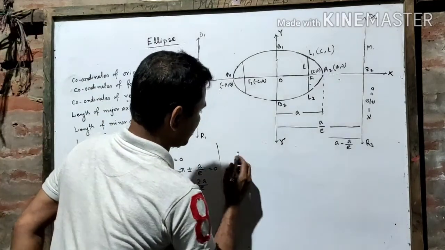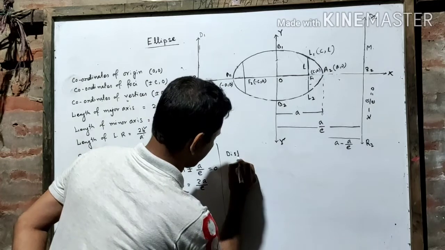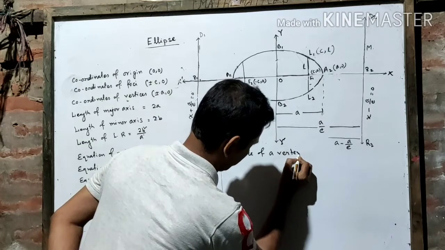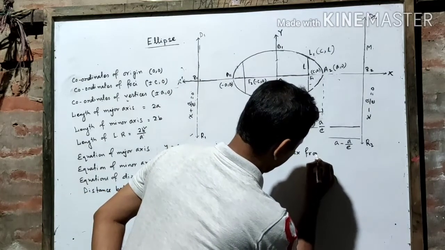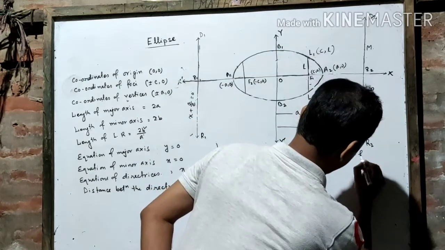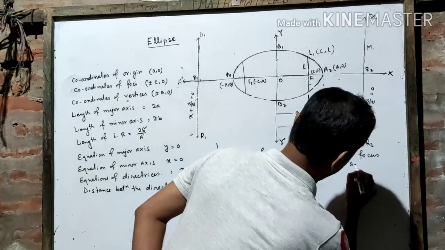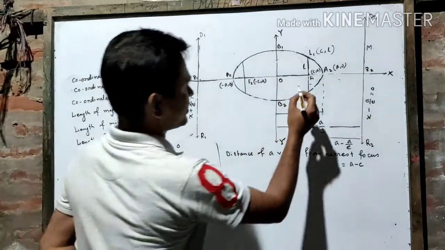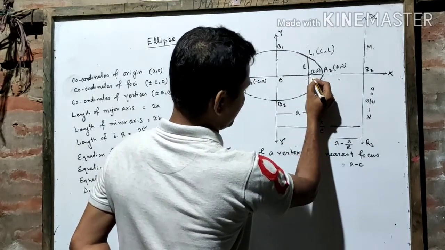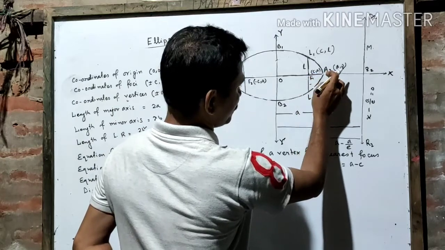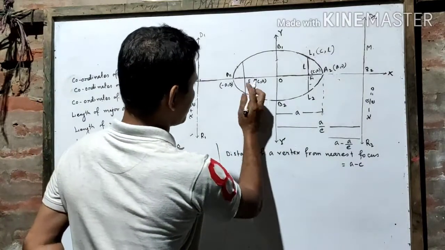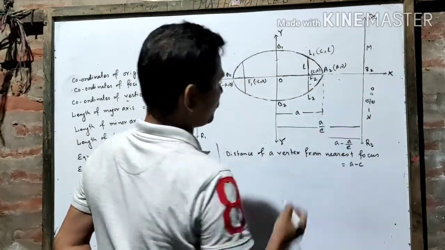Then distance of a vertex from nearest focus is equal to a minus c. OA2 is equal to a and OF1 is equal to c, so this distance is a minus c. Sorry, this is F1 and this is F2, so F2A2 is a minus c.